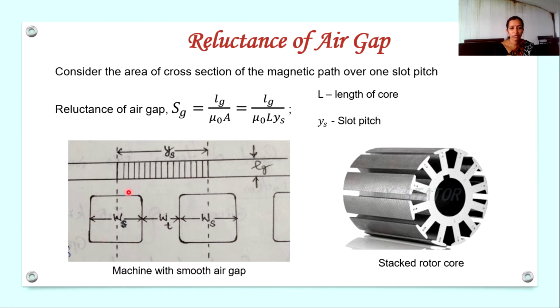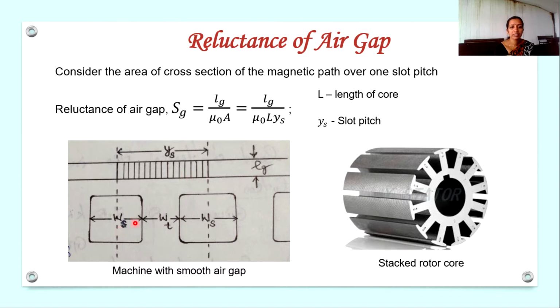So here one slot is this and this is the adjacent slot, and the center to center distance between two adjacent slots is known as slot pitch and it is denoted as Ys. So if we consider the area under one slot pitch, the flux will be uniformly distributed in the air gap in case of a smooth air gap machine.